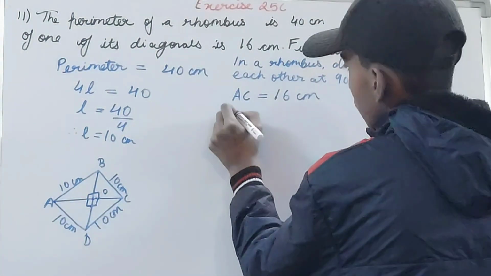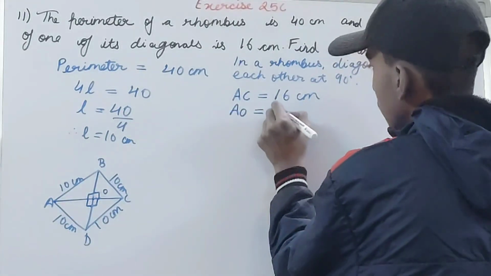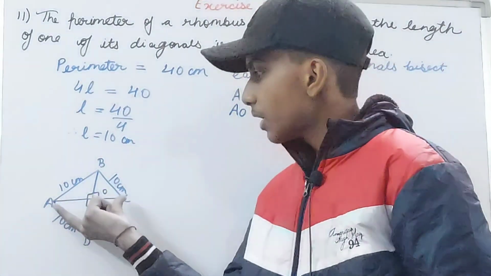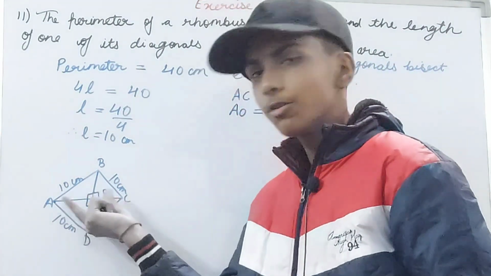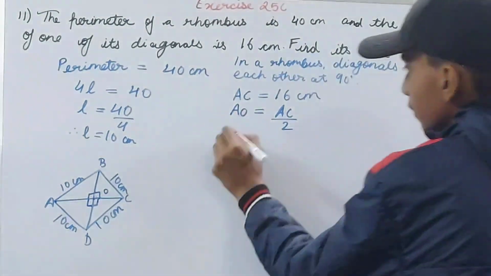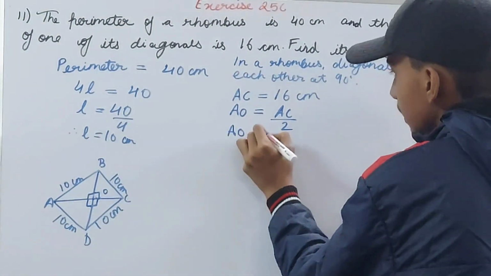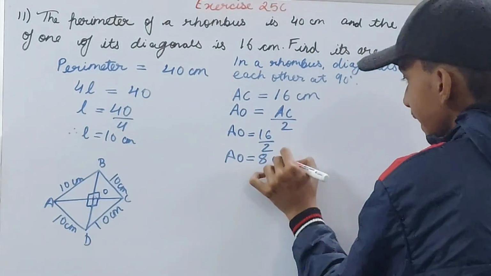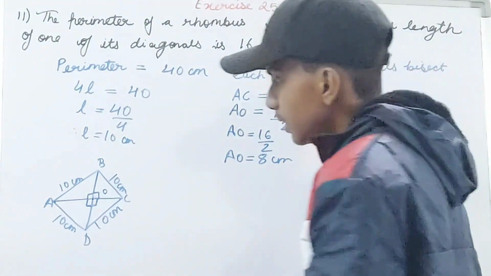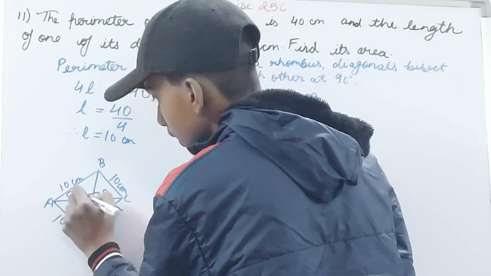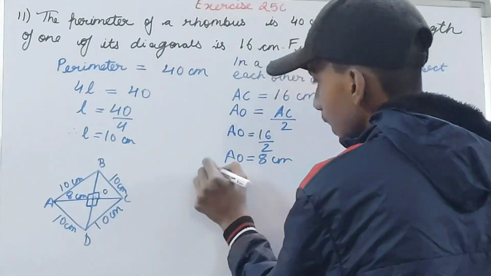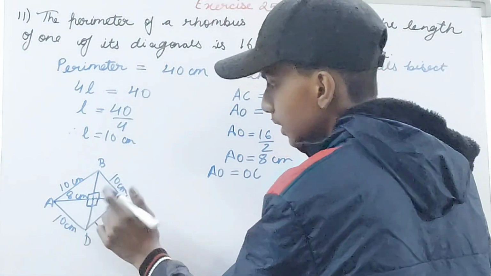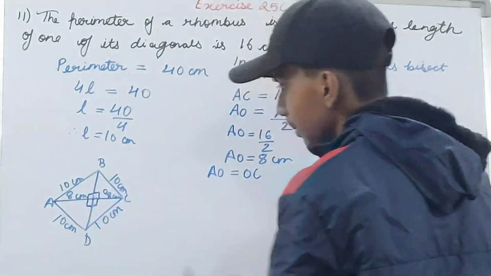AO will be equal to half of AC. So let's calculate the value of AO. This will become 16 upon 2, so AO is equal to 8 centimeters, and OC is also 8 centimeters because it is bisected.